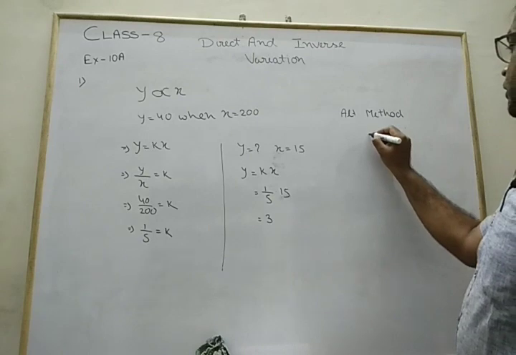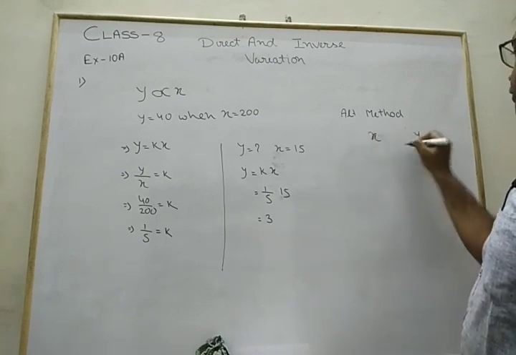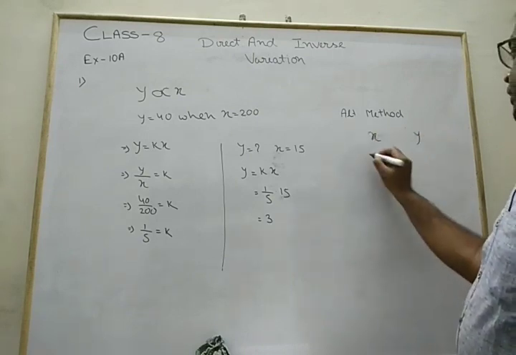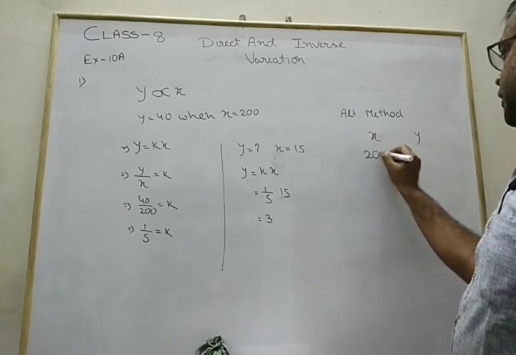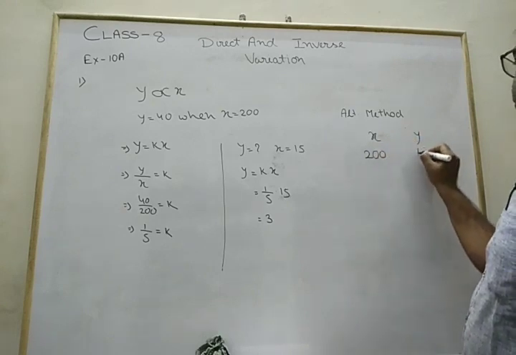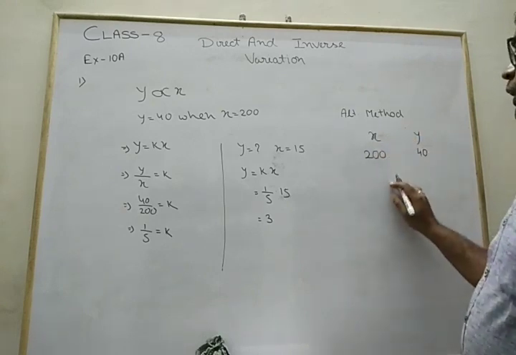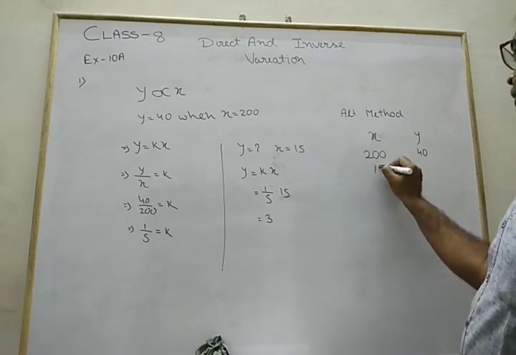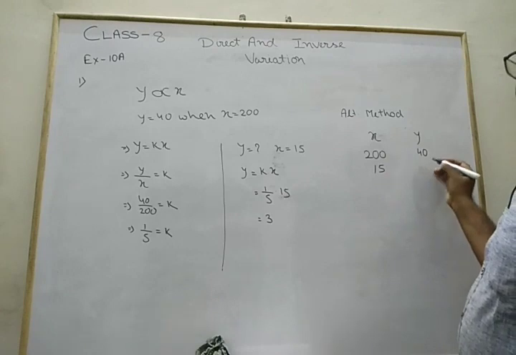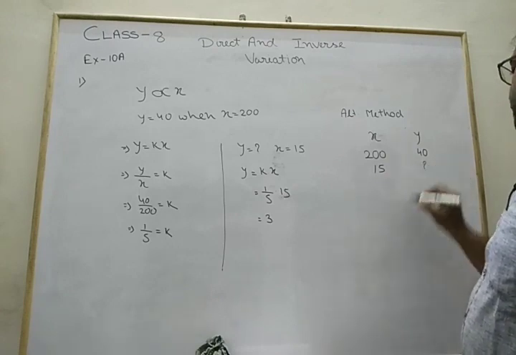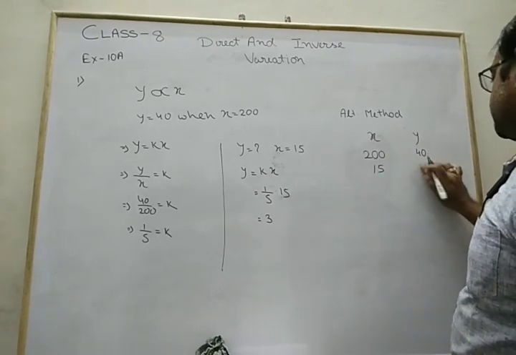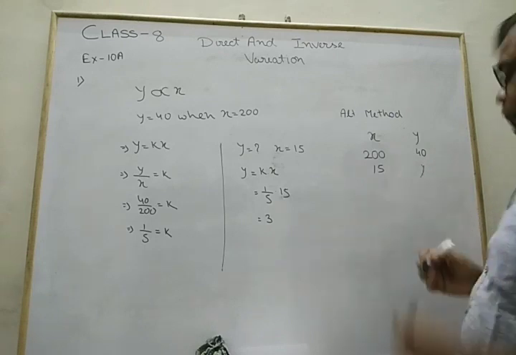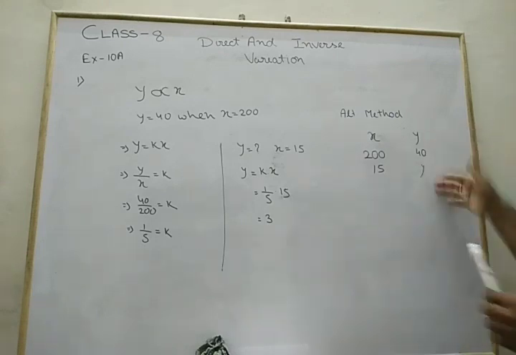There are two variables, x and y. It is given that the value of x is 200 when the value of y is 40. Second time, the question gives x as 50. What is the value of y? We don't know, so we can assume it as small y, because it's a part of y.